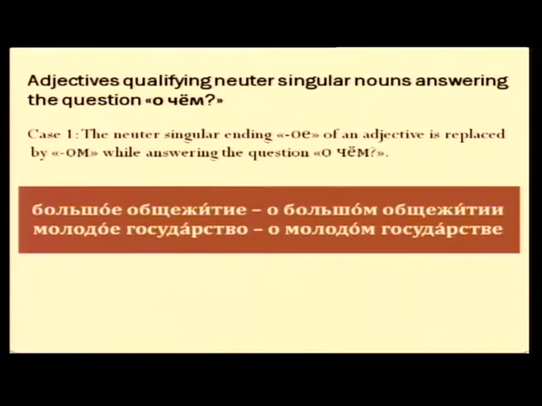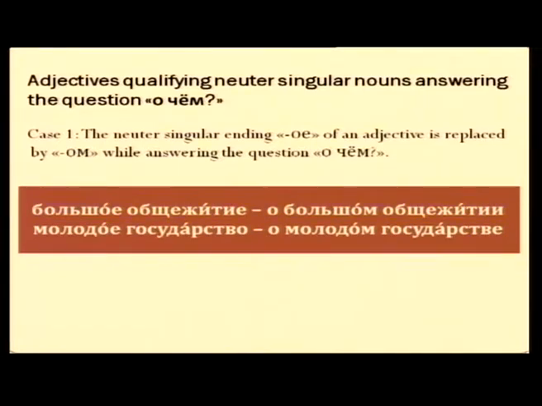Here we have given examples that the neuter singular ending ое of an adjective is replaced by ом while answering the question о чем. We have given examples like большое общежитие, о большом общежитии. О чем он говорит? Он говорит о большом общежитии.